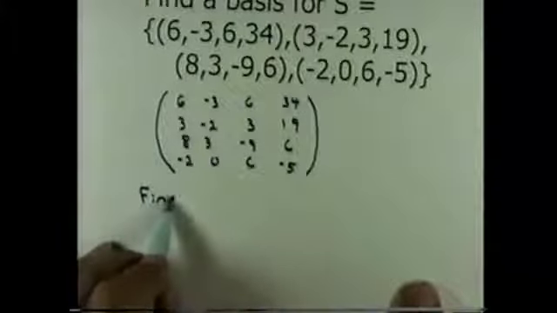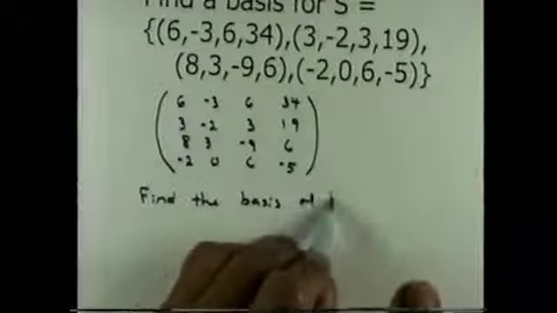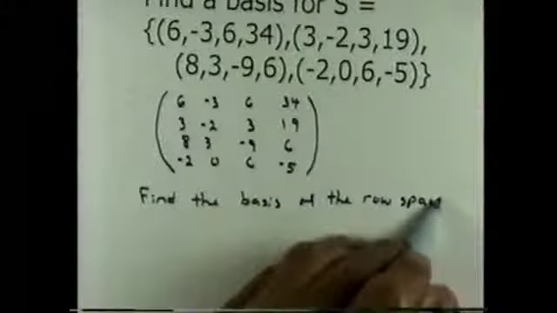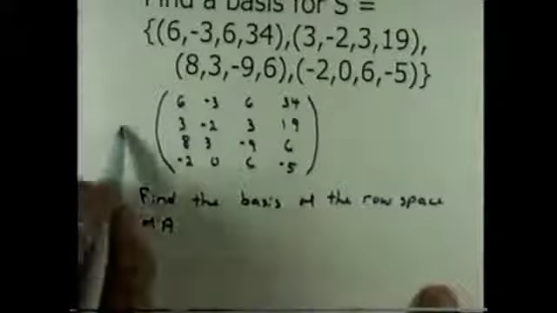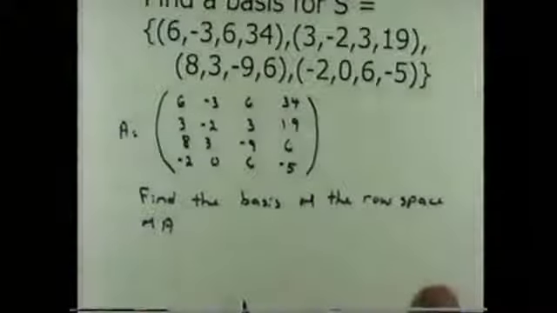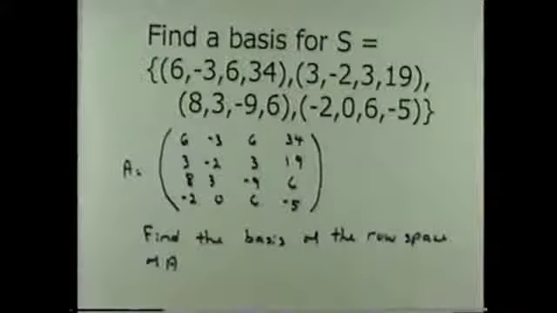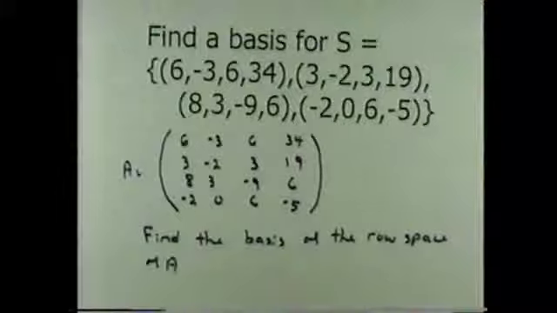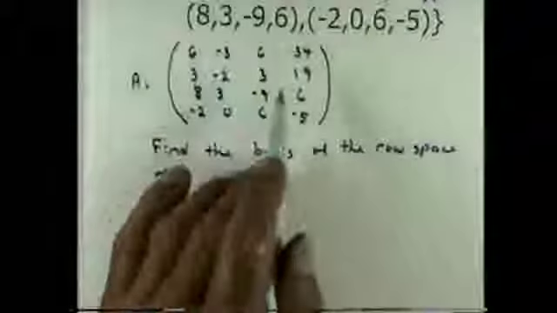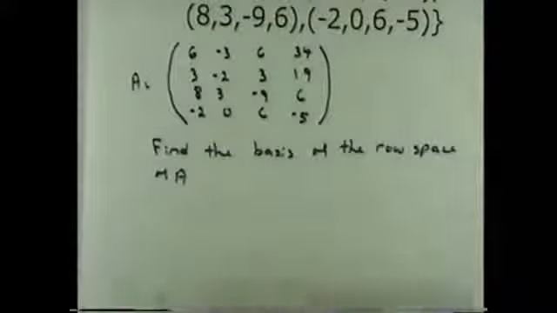Find the basis of the row space of A. So I can write this set in matrix form A, and then find the basis of the row space of A, and that will be a basis for set S. Well, to find the basis, I need to row reduce it and take the non-zero rows.